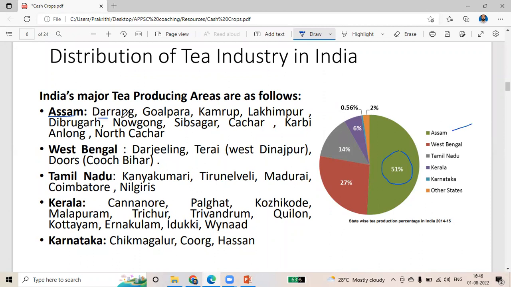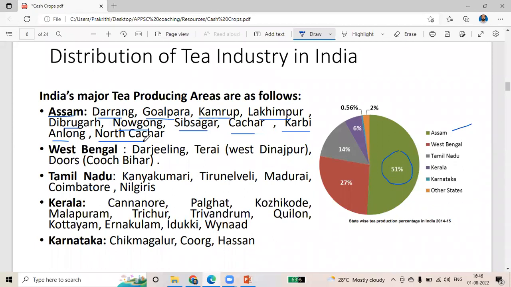Assam में दरांग, गोलपारा, कामरूप, लखीमपुर, डिब्रूगढ़, नौगांव, शिवसागर, चाचर, करबी, अनलॉक and North चाचर. ये सब region में we can see the, but ये सब इतना सा पढ़ने की जरूरी नहीं है. Those areas you know you can answer.